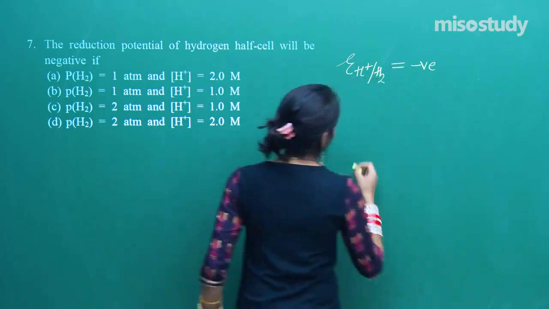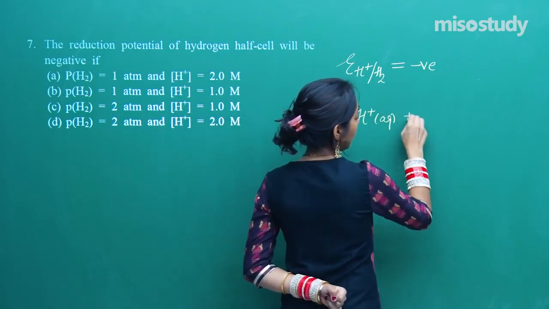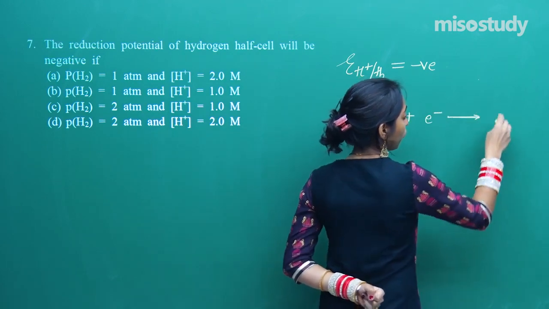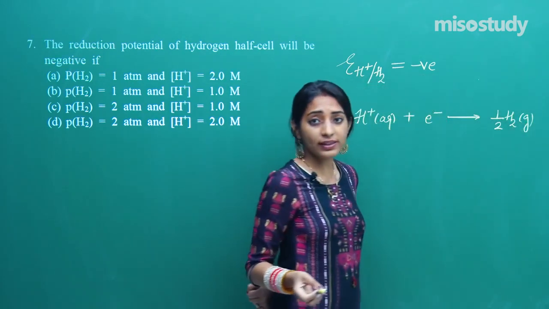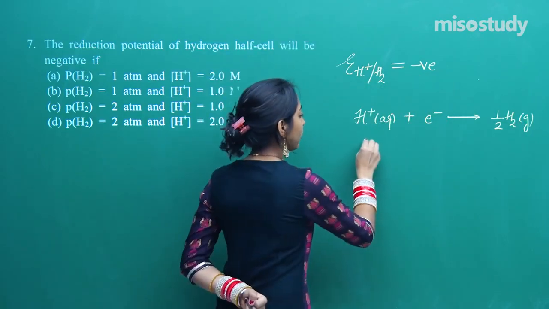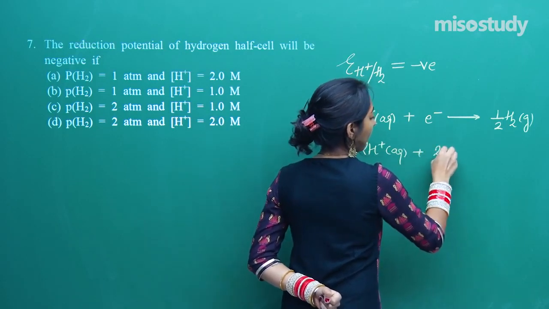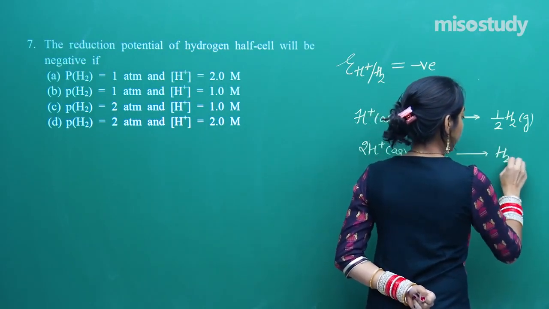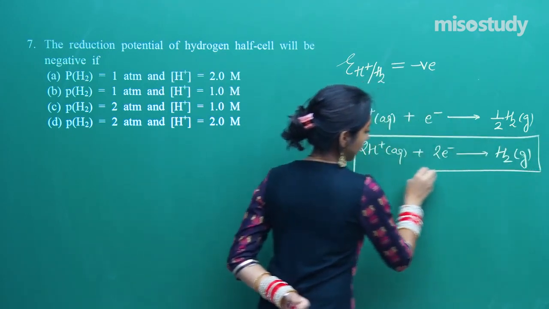How to write? I will simply say H plus aqueous plus electron to form half hydrogen in the gaseous state, right? Or in a better way I can write 2H plus aqueous plus 2 electrons to form hydrogen in the gaseous state.